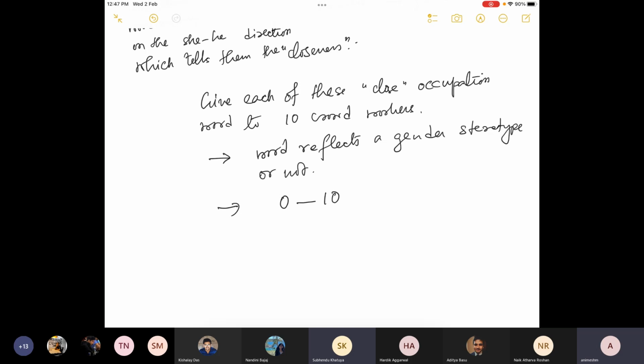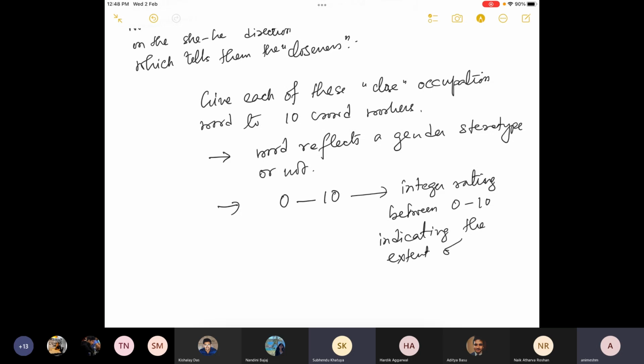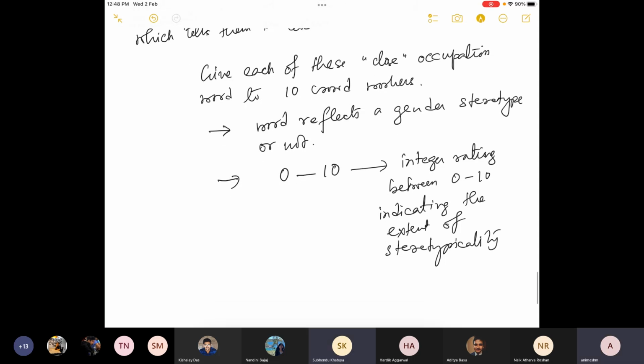I think they did it in this way: each crowd worker will give an integer rating between 0 to 10, indicating the extent of stereotypicality for each word.